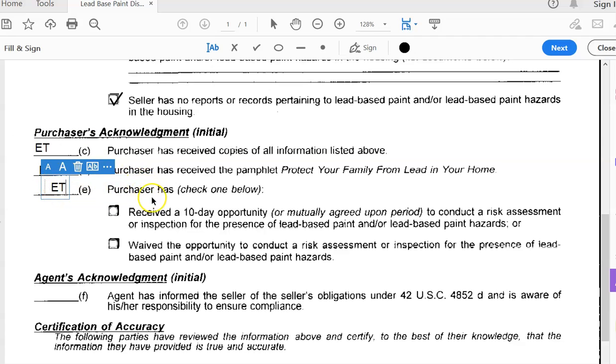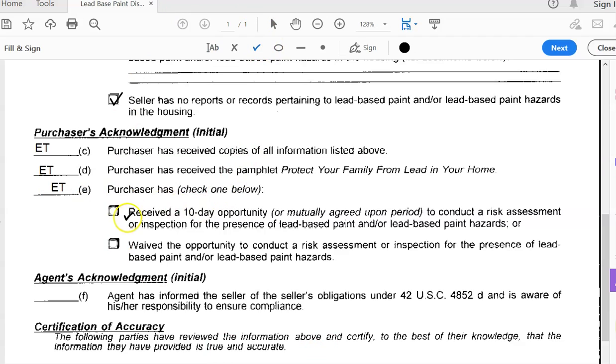This is E. Purchaser has checked one: received a 10-day opportunity or mutual agreed upon period to conduct a risk assessment or inspection for the presence of lead-based paint and/or lead-based paint hazards, or they choose to waive that right.